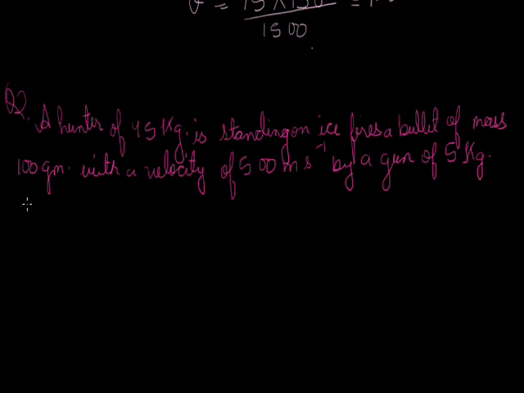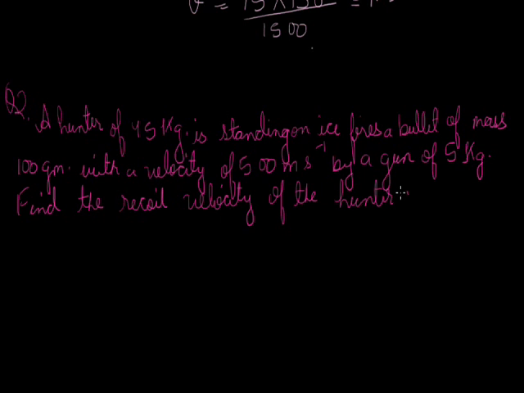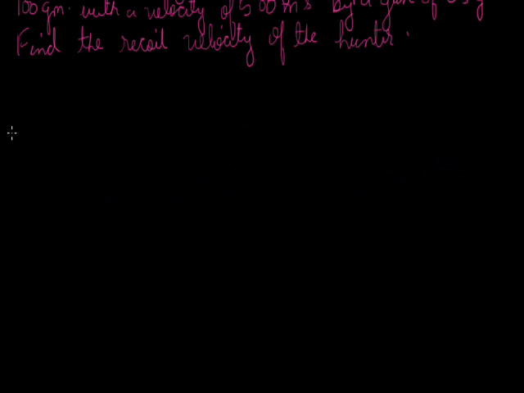Again in this question we have to find the recoil velocity, but this time we have to find the recoil velocity of the hunter. Now talking about its solution, again we will discuss its initial momentum and its final momentum.